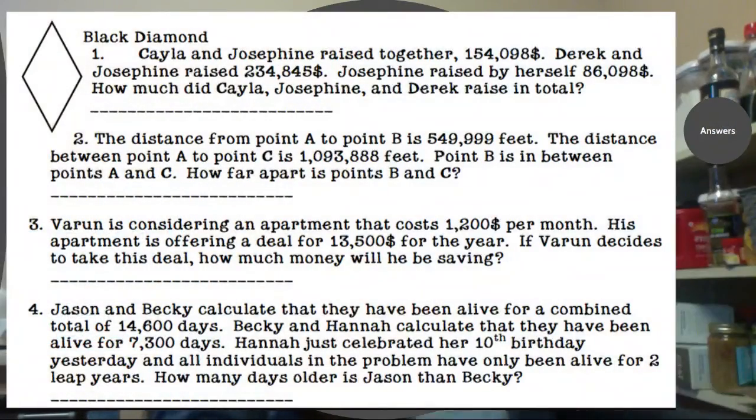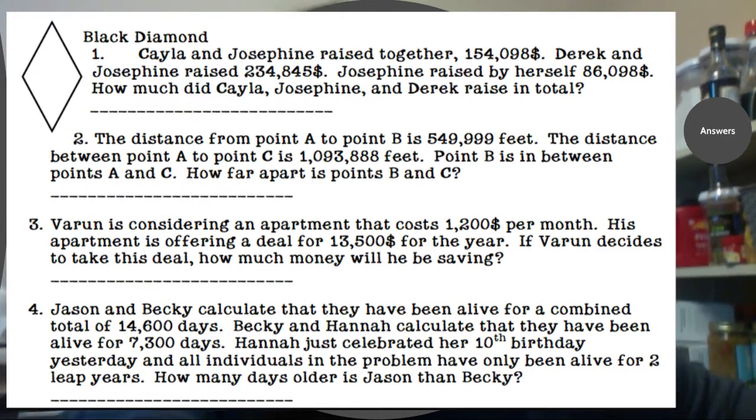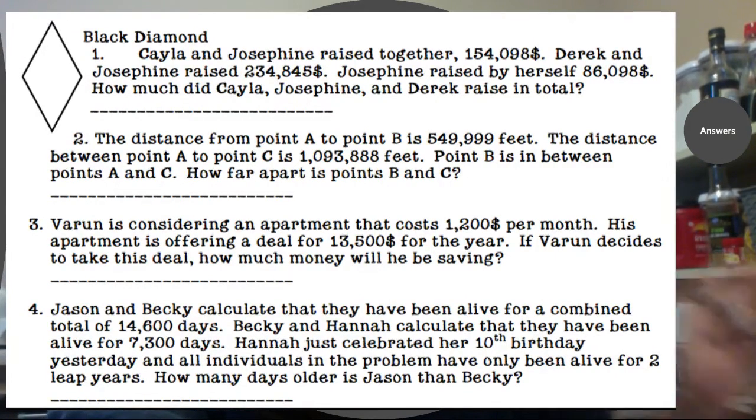Okay, so the next thing I'm going to do, Derek and Josephine. So D plus J is equal to, and again, I'm not drawing that line because I don't know how much each person raised. So Derek and Josephine raised more than Josephine and Kayla.